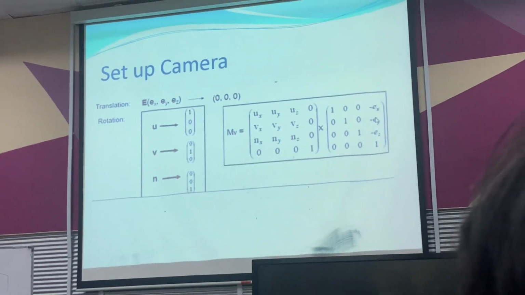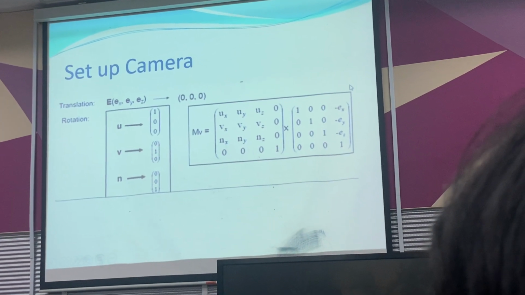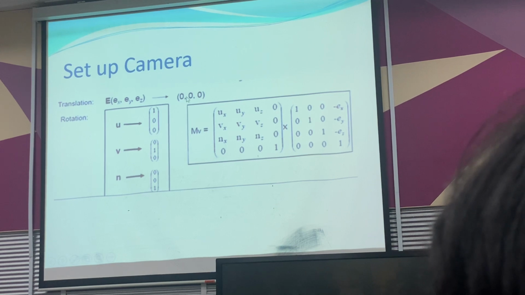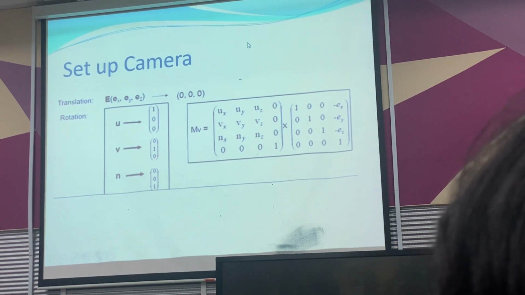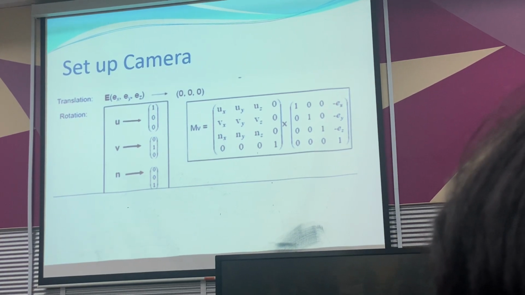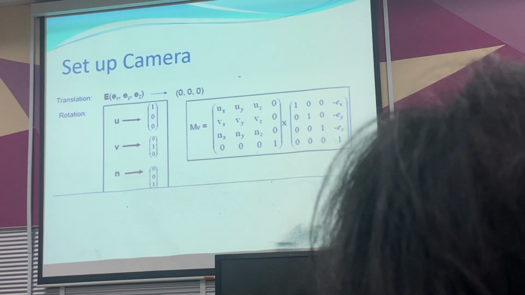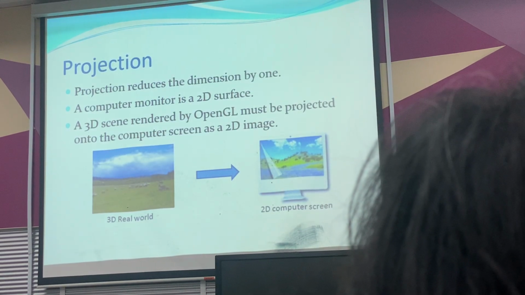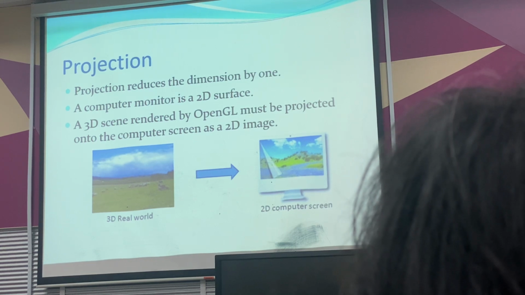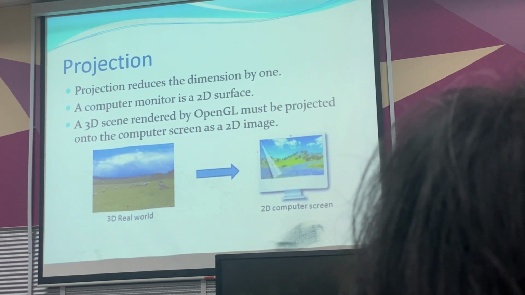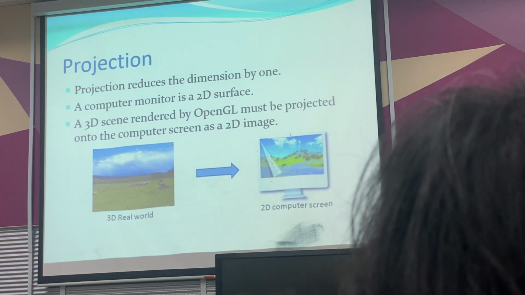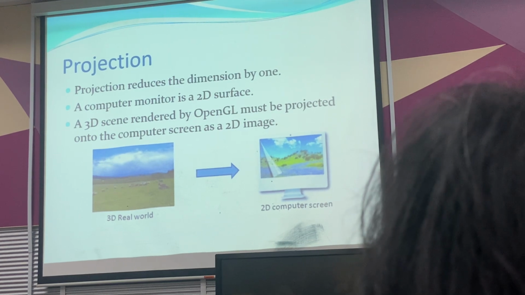So you move your eye. The matrix for your N, with your U and V and your N, gives you the 12 degrees of freedom to move for gluLookAt. For now I won't ask you to move the eye coordinates in your practical. We will rather deal with the projection.